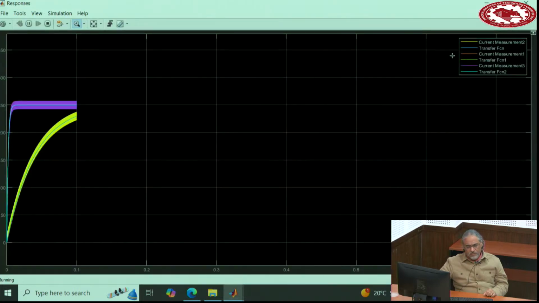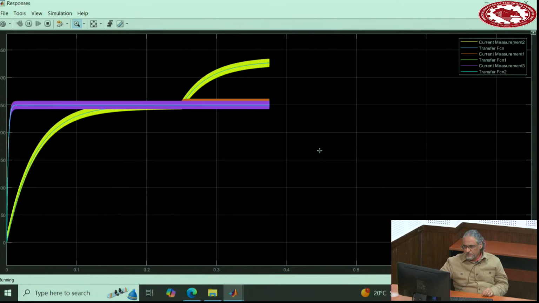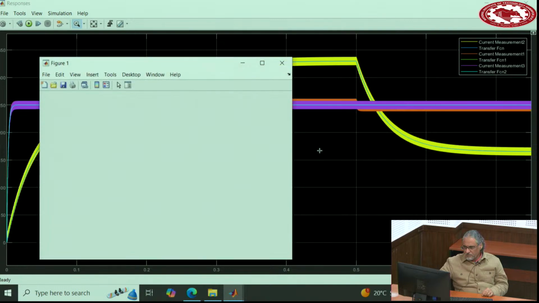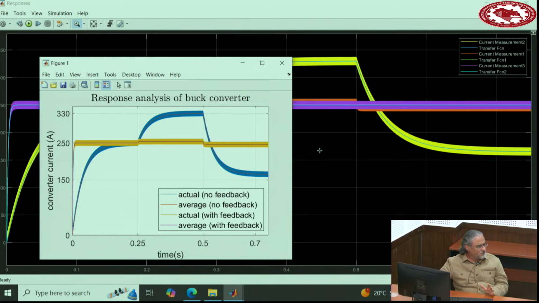After the run is complete, it plots the figure. It generates this figure for you, if you want to put it in a paper or thesis or something.